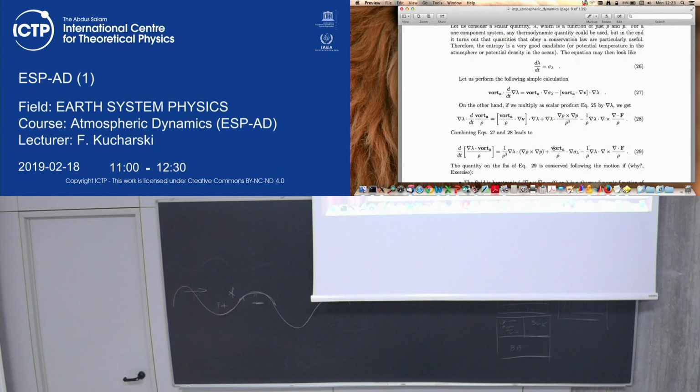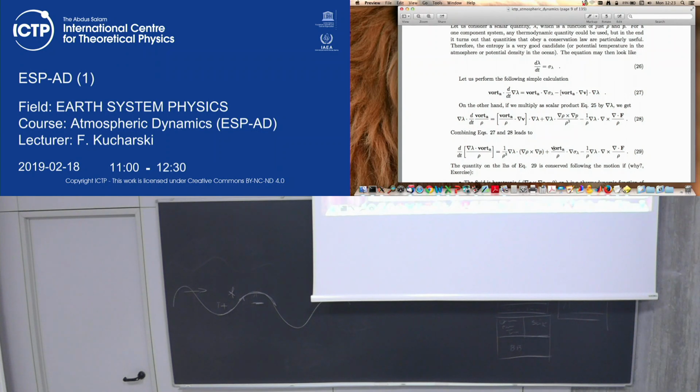And of course there was a meaning. The meaning is that, if we add these two up, now they eliminate each other. Divide this by 1 over rho, and add these two equations up, and then this term and this term build the total derivative of just one term, which is this.